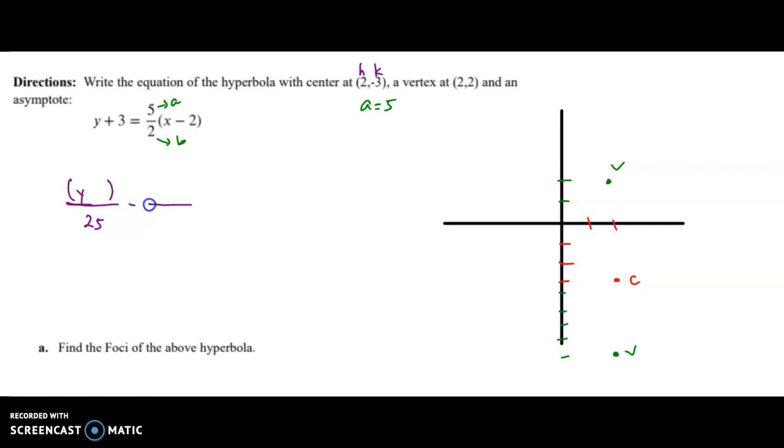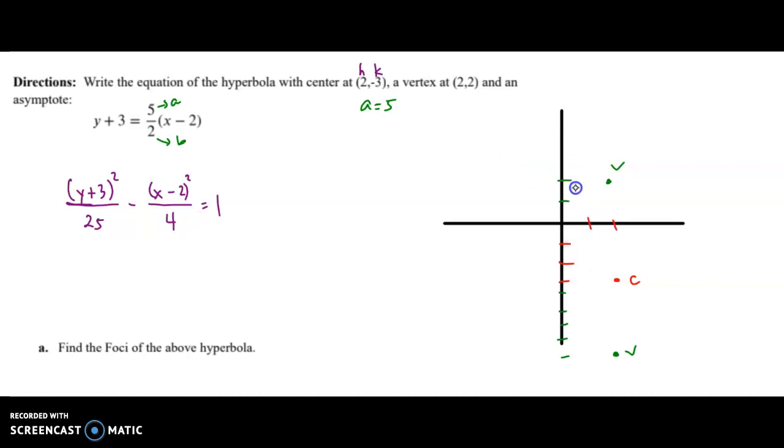The second numerator is going to have the x, and that's going to equal 1. B squared, we know is going to be 4. And so since we know the center is 2, -3, this is going to be y plus 3 squared, and then x minus 2 squared. So there's the equation.